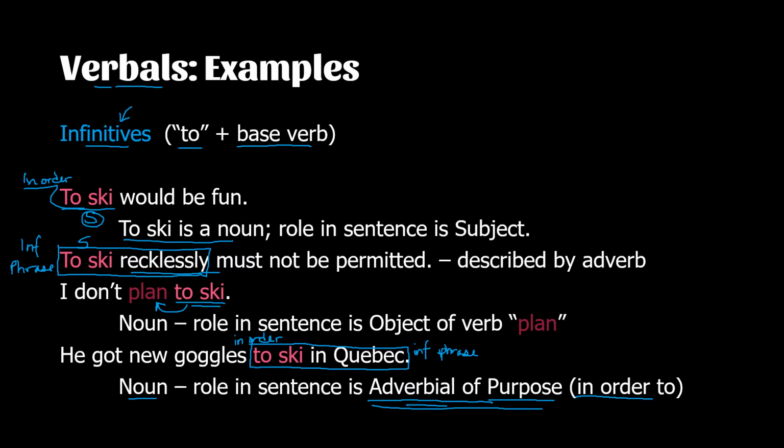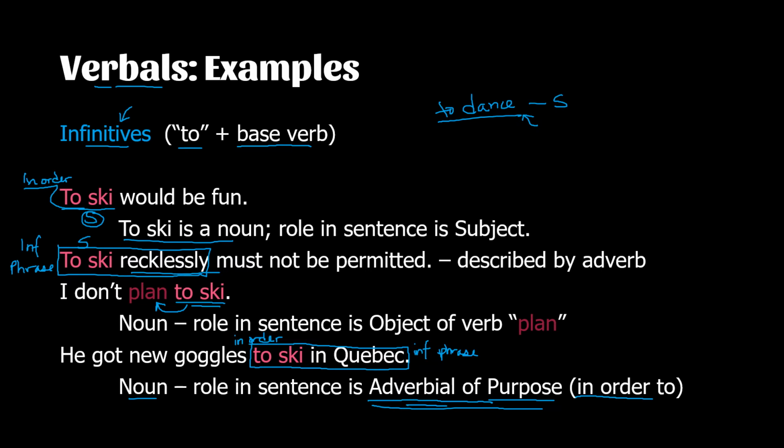Stop the video now. Choose any random verb like dance. Add the to in front of it and try to use it as a subject. To dance is good exercise. Try adding an adverb in front of it. To dance quickly is hard to do.